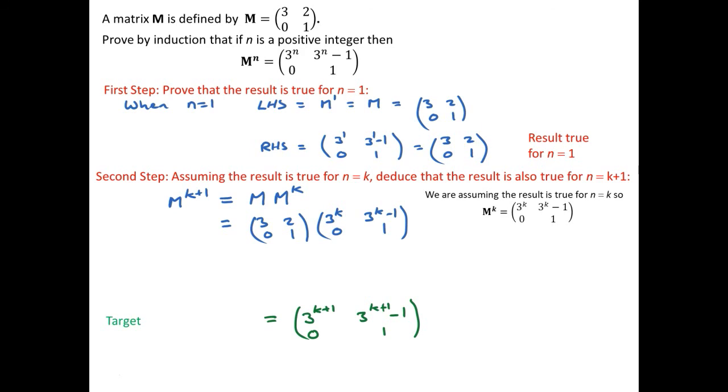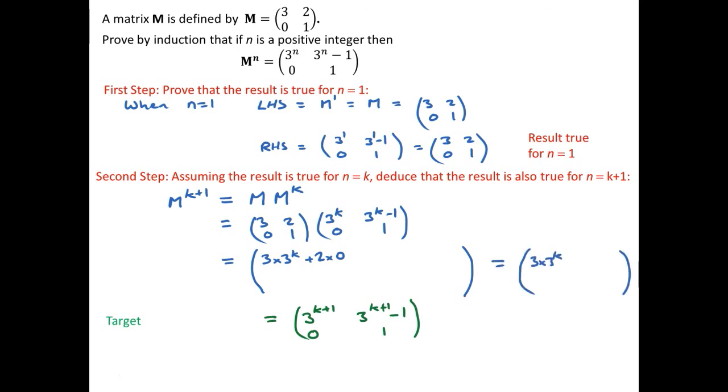So, performing the matrix multiplication, the top left entry is going to be 3 times 3 to the k plus 2 times 0, and that simplifies just to 3 times 3 to the k. The bottom left entry is going to be 0 times 3 to the k plus 1 times 0, which just gives us 0.